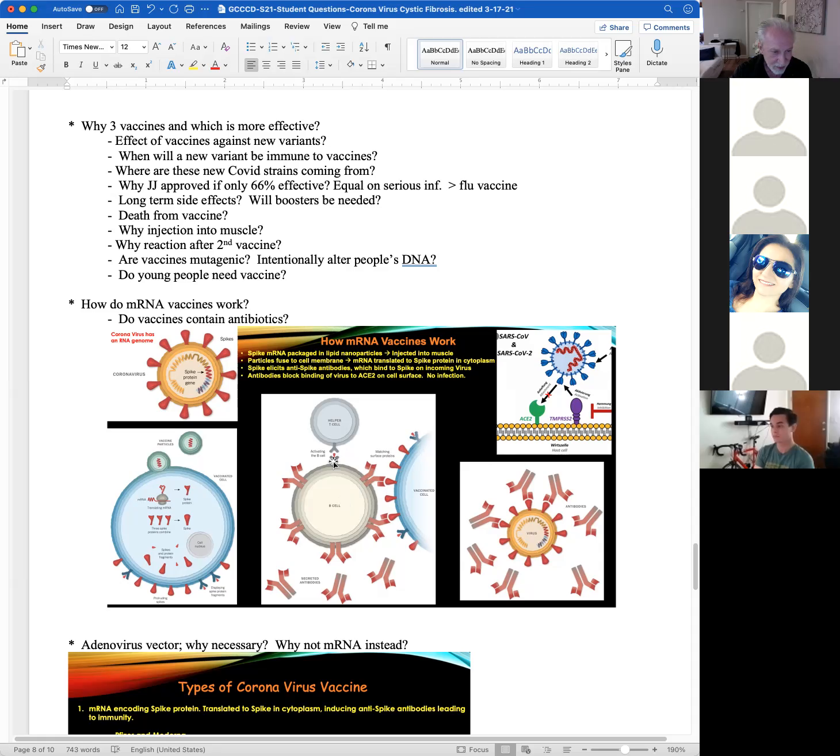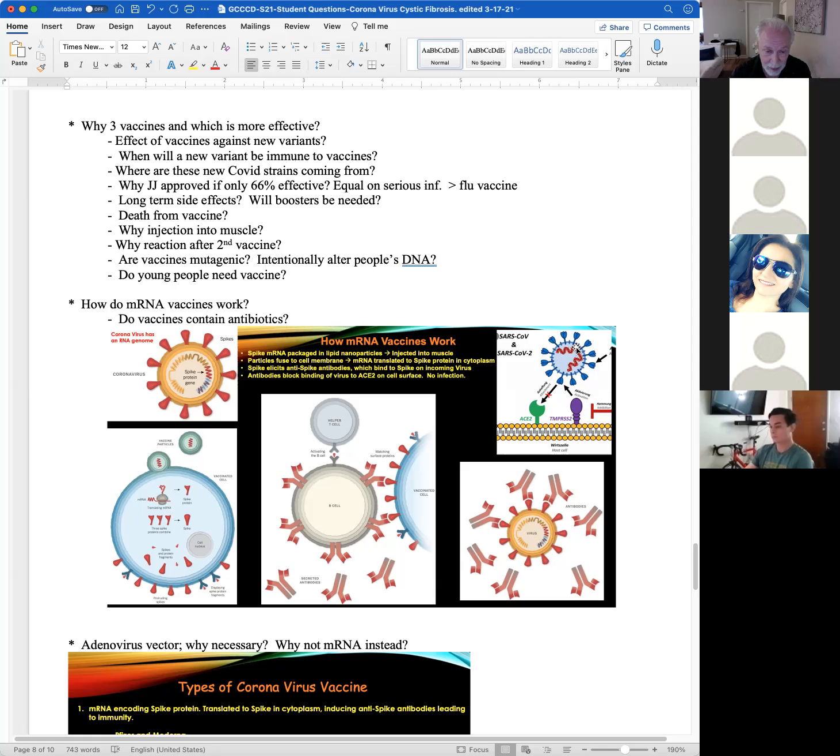The B cells and the T cells react to this antigen on the surface of the vaccinated cell and make antibodies against this spike protein. So these are secreted antibodies. So when the vaccinated person is exposed to the virus itself, the antibodies are right there that are specific for spike protein on the surface, and they bind. They sit there and block the surface.